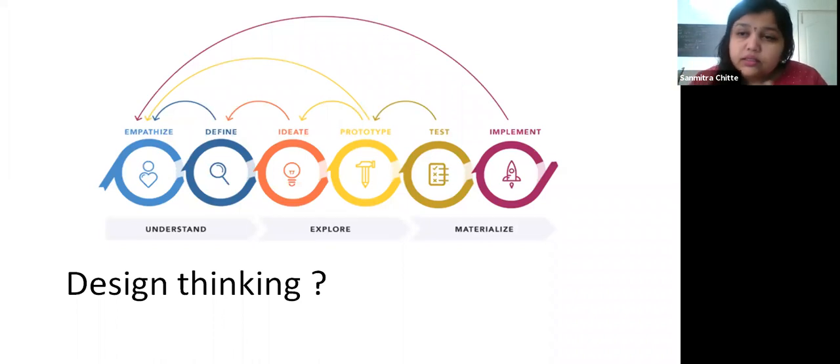This is where the design manager will have to take a very specific, wise, strategic decision as to what the possible cost could be. And here is where intuition plays in. This is where design marries business, where the business person also understands the time and the cost that the design could take to go through this design thinking process, and not make it look like any other process.